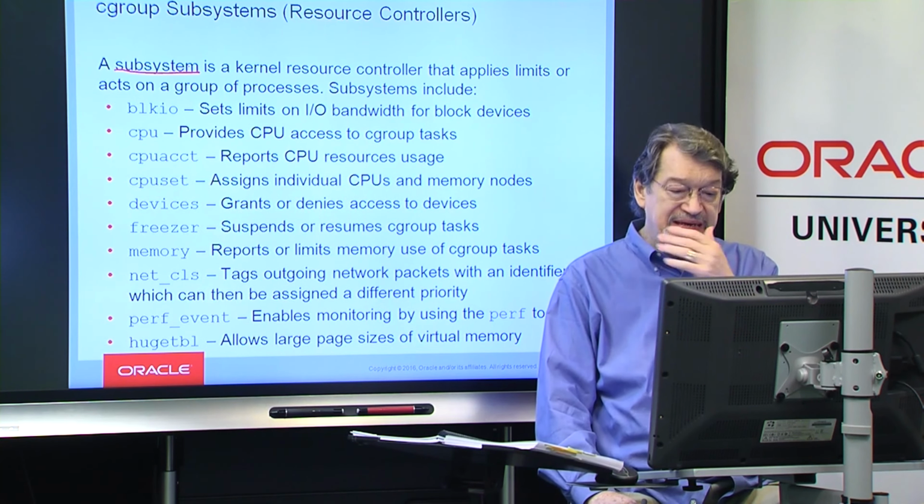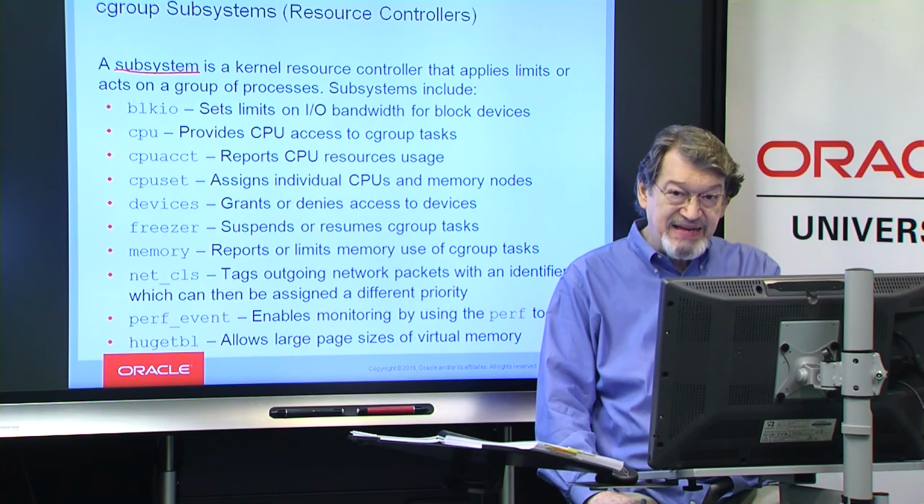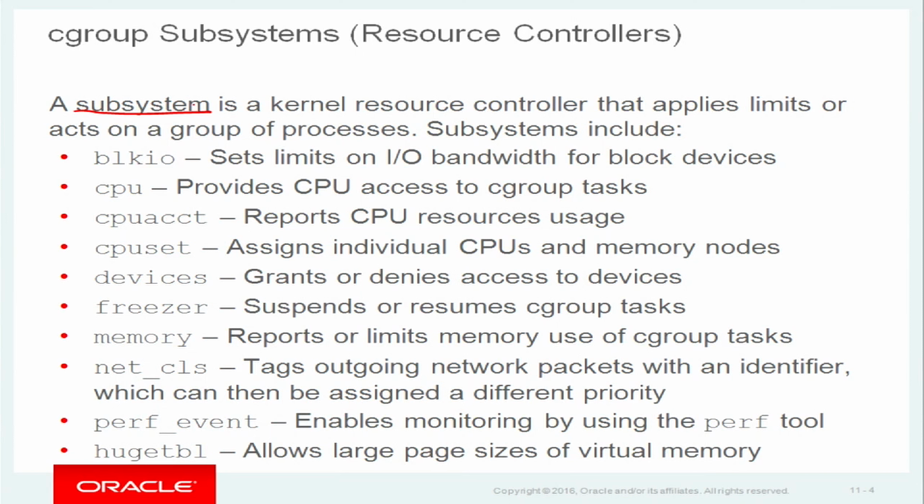We also, not in this lecture segment, but we now also have something called Linux containers. And so another approach to virtualization that doesn't require a hypervisor, which is kind of what Docker does. We'll save that for the Docker lecture. Memory reports or limits memory use. And then netcls tags outgoing network packets with an identifier.